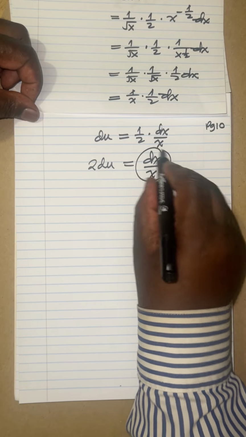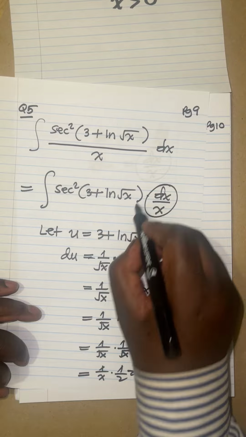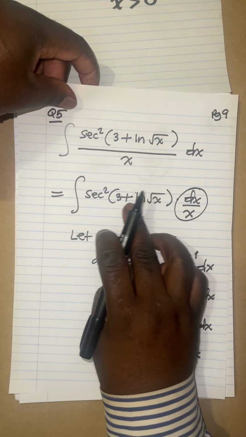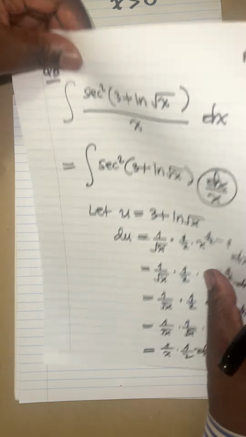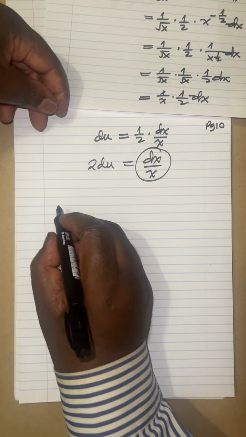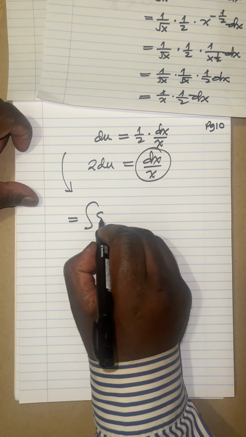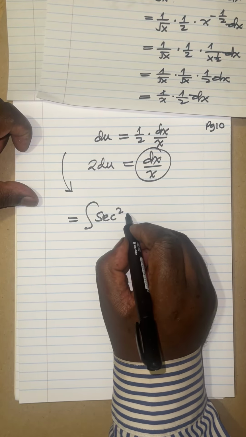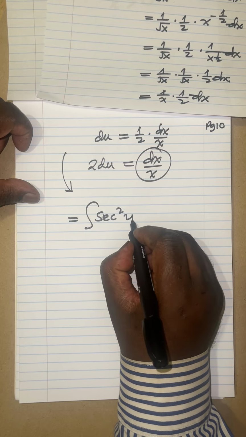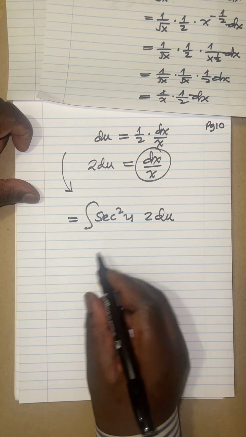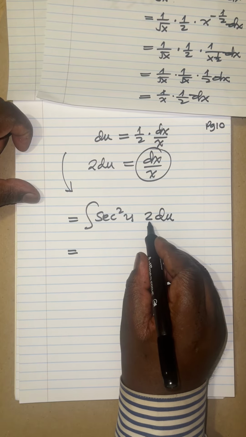Now, this expression here is exactly that expression there. So I'm going to have 2 du in that place, and then I'm going to have sec squared of u, because this expression is u. So the integral we have now is the integral of sec squared u, and then 2 du, and take 2 out because 2 is a constant.